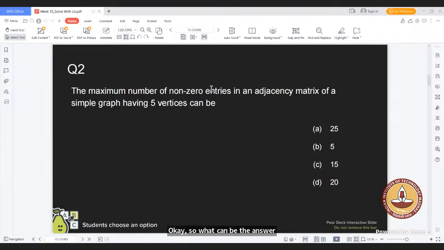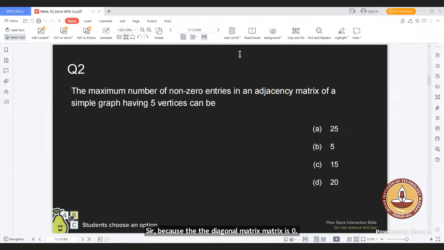Sir, 20. So someone got option A. Can you unmute and explain why you got option A? Sir, because the diagonal is 0. Yeah, so therefore it can't be 25, right?